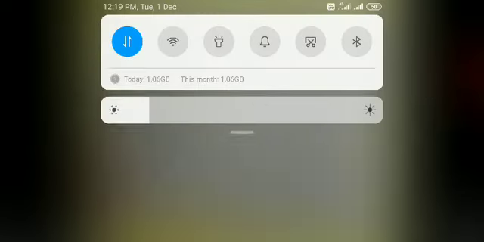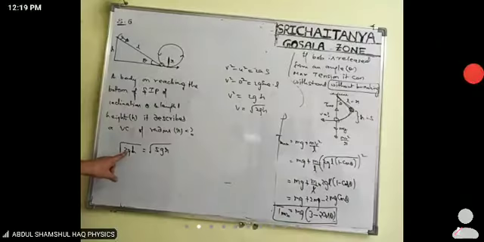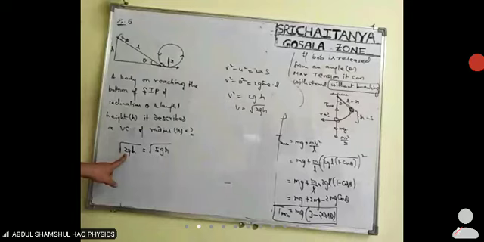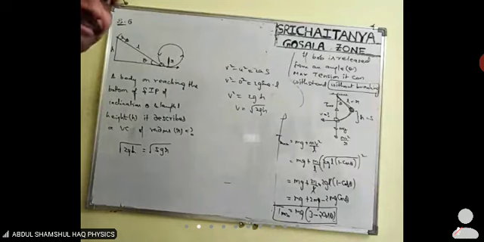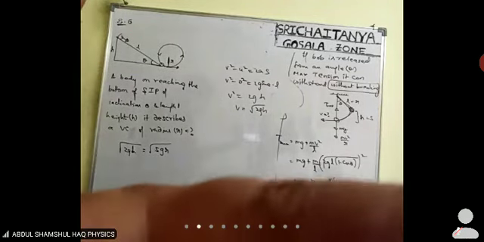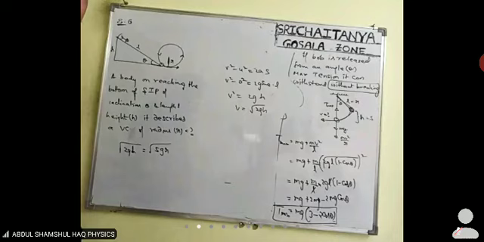Yes. Root 2gh is the velocity attained by the body when it comes to the bottom.